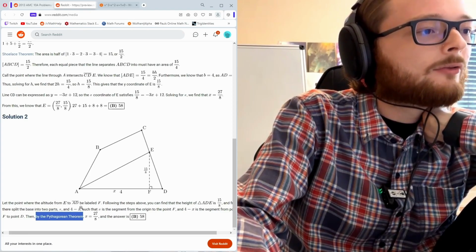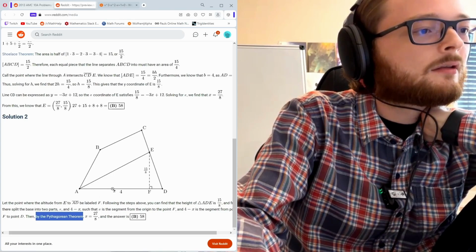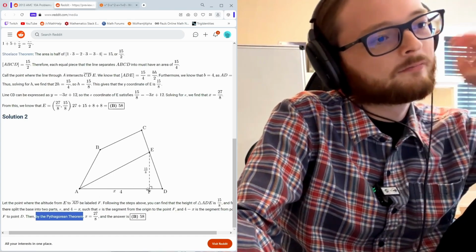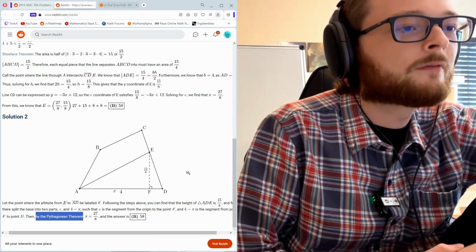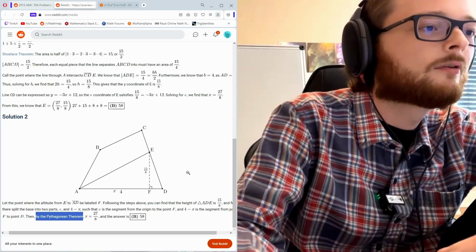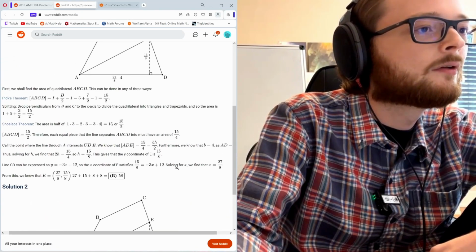The altitude from E to AD is labeled F. Following the steps above, you can find the height of triangle ADE is 15 over 8. What's steps from above?